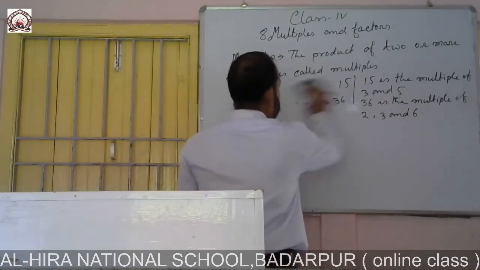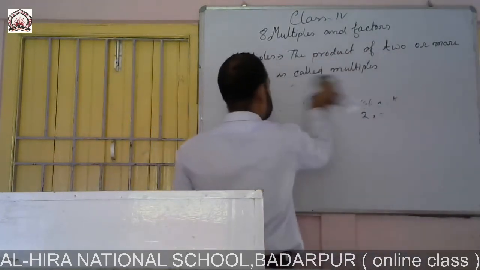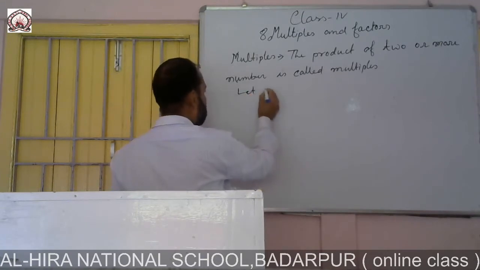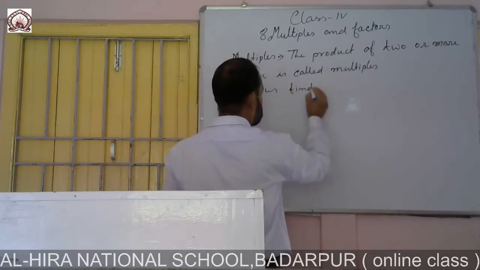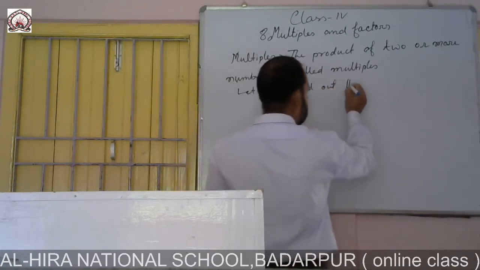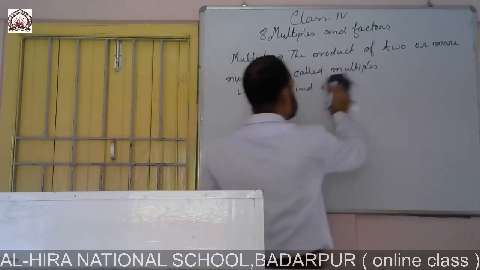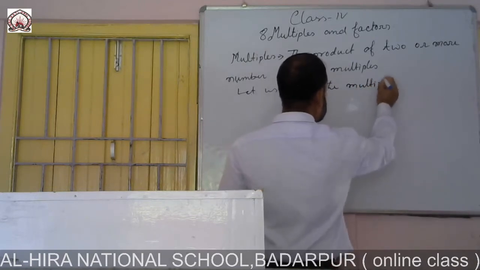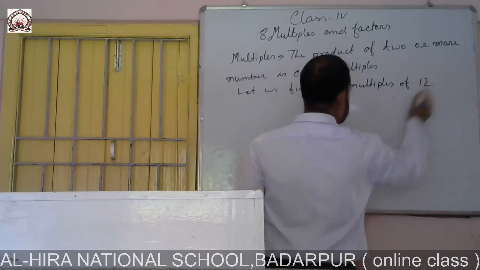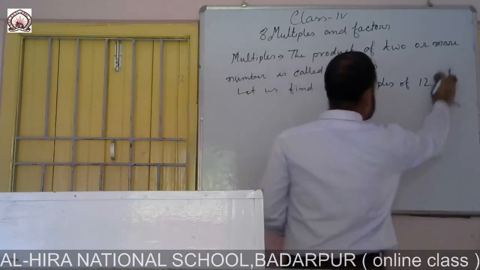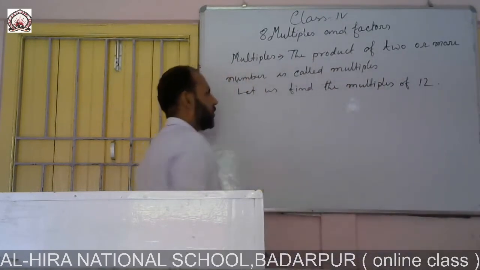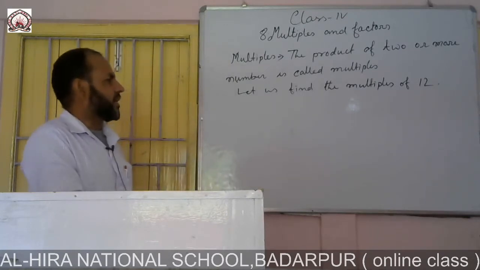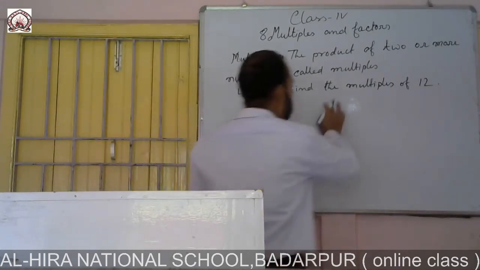Let us find out the multiples of 12. So when we take out the multiples of 12, we recite table number 12 and write.